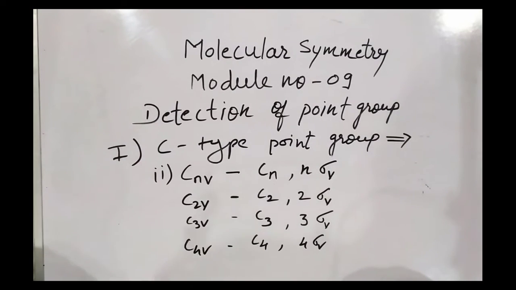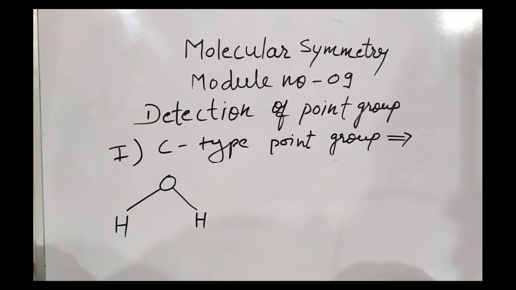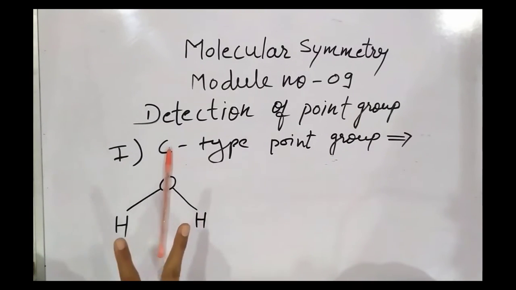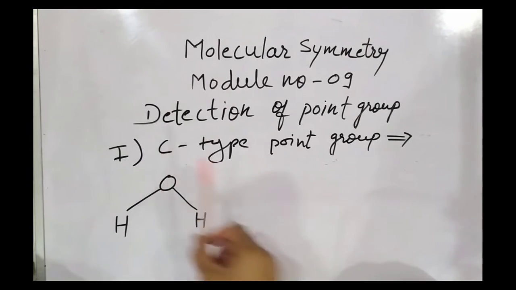Alright, now we will take a particular example. The water molecule, we have seen it so many times before and we have solved it. So tell me, what is the principal axis that we have seen in the water molecule? Like this. And how have we rotated the molecule? Like this. What is the fold of rotation?